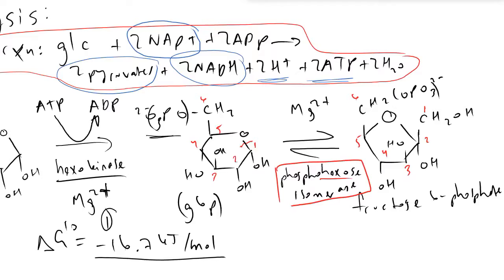I will put a 2 here to remind us that this is the second step of our glycolysis reaction. The standard Gibbs free energy at this point is 1.7 kilojoules per mole. So now we have a positive value of delta G, which tells us that this is not a spontaneous reaction. The reason it's important for us to keep track of Gibbs free energies is because it tells us the ratio of this equilibrium.